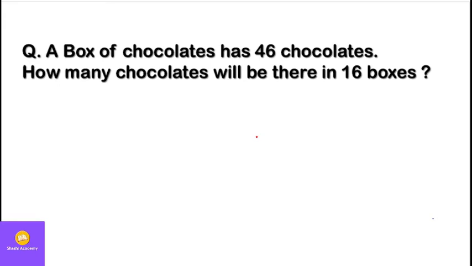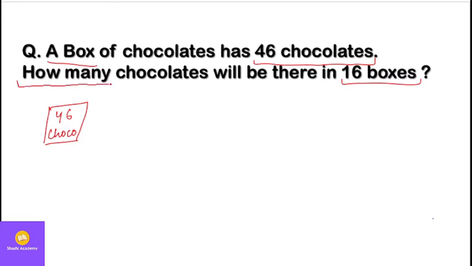I have a box which is given to me, and in that box I have 46 chocolates. Then I will ask a second question to myself: what do I need to find in the question? I need to find that if there are 16 same kind of boxes, then how many chocolates will be there in those total 16 boxes.